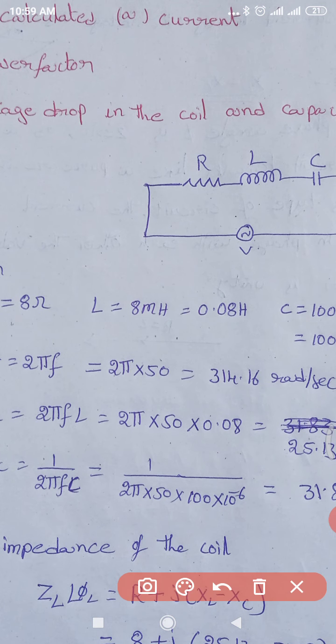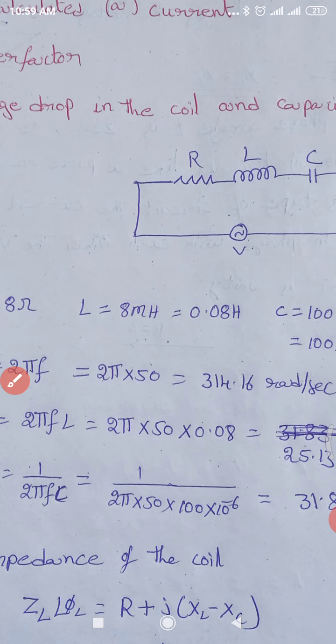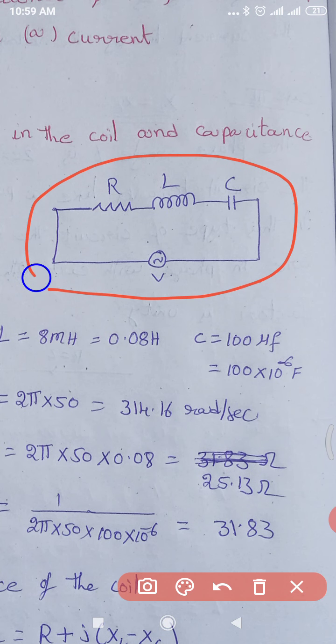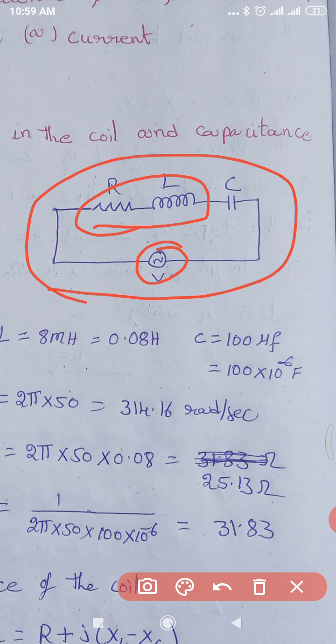First of all we have to draw the circuit diagram. This is the circuit diagram, that means an RLC series circuit supplied with a voltage of V. This combination of R and L is called an inductive coil and is connected in series with the C. This is the diagram for the given problem.